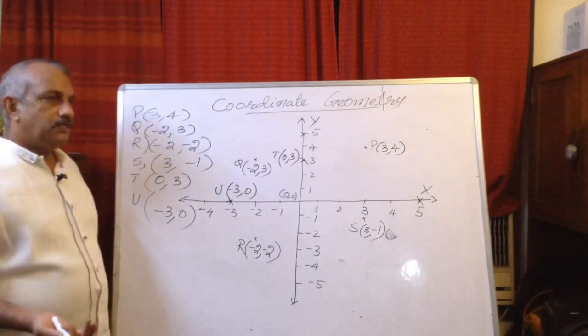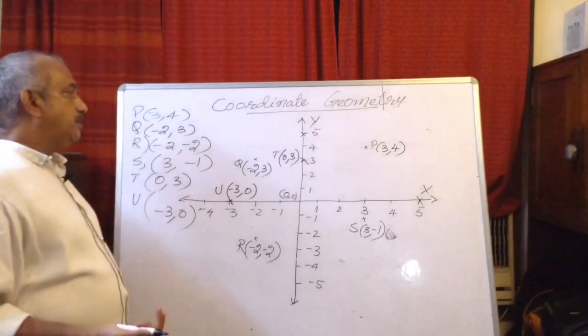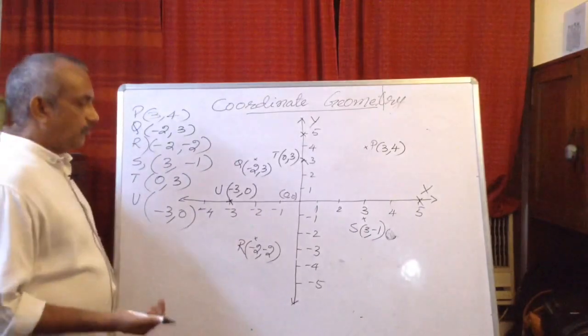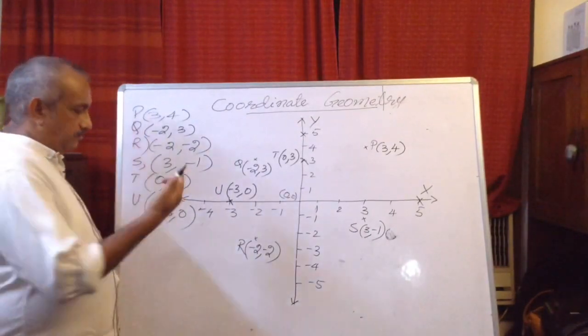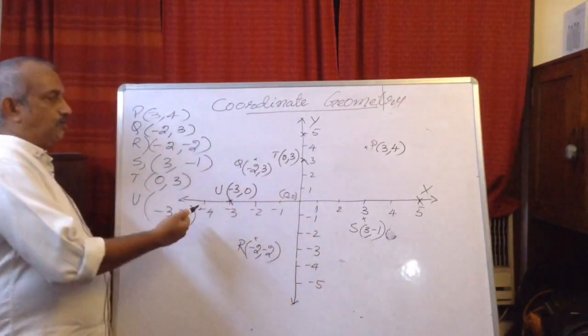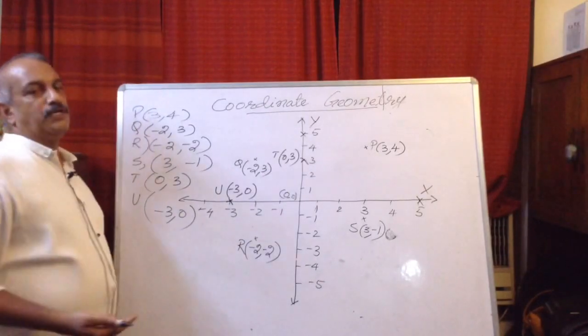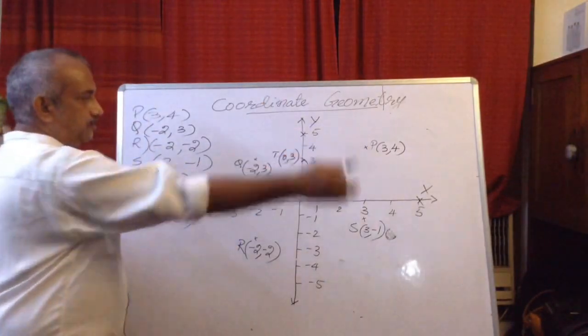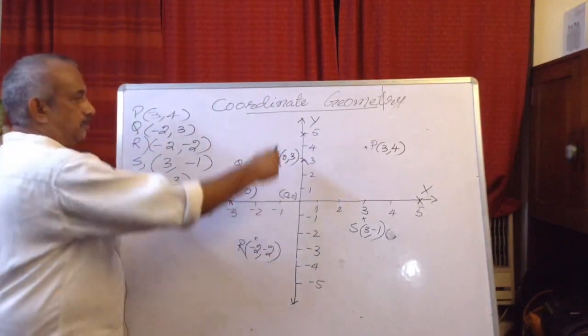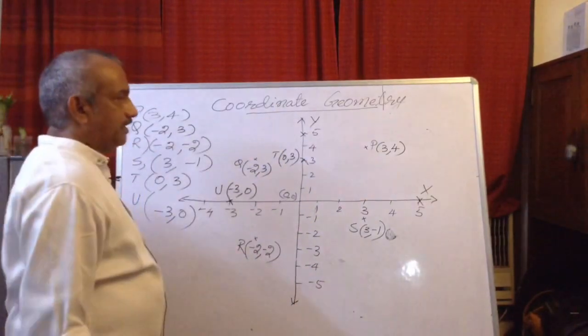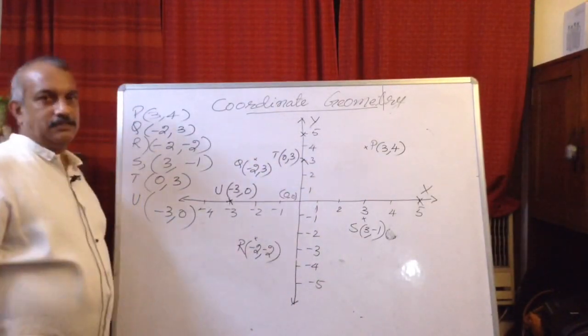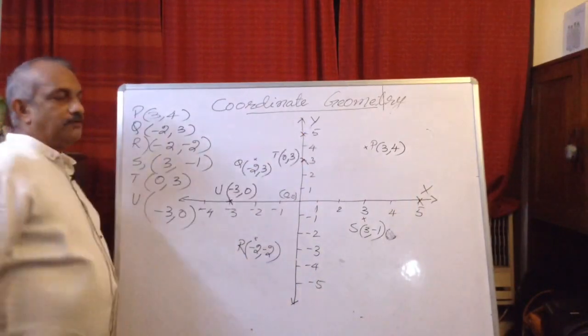If you remember, you can do it orally and write directly. Or the question may be, in which quadrant or axis do the following points lie. An axis is not a part of a quadrant. So if it is lying on the x-axis, you have to write x-axis. If it is in the third quadrant, you have to write third quadrant.